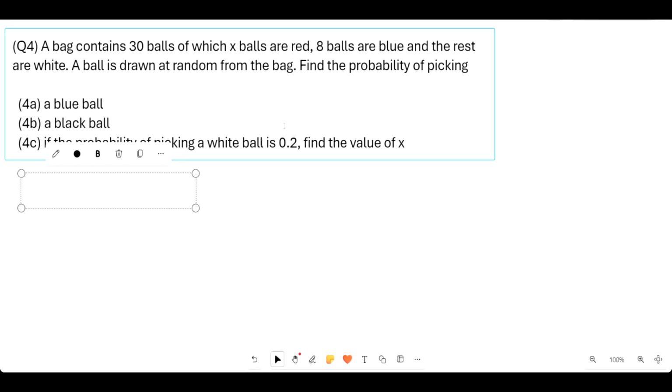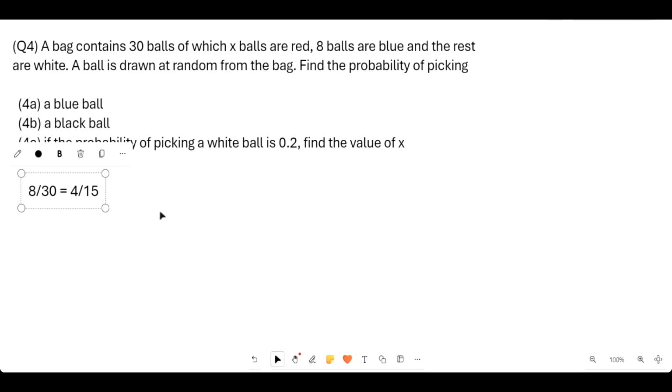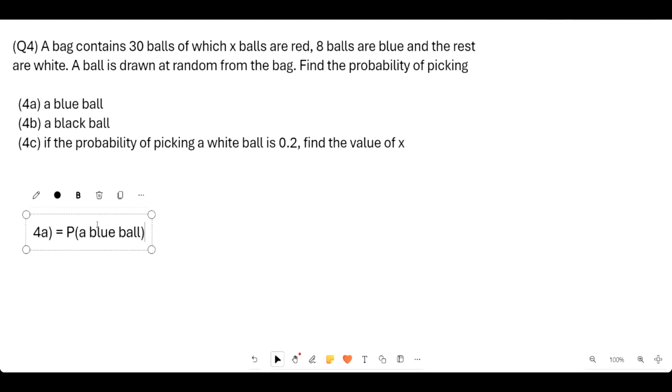So we know that there are 8 blue balls out of 30. So the probability of picking a blue ball, let's simplify this ratio, equals 4 over 15. So question 4a's answer is, we should write P of a blue ball equals 4 over 15.